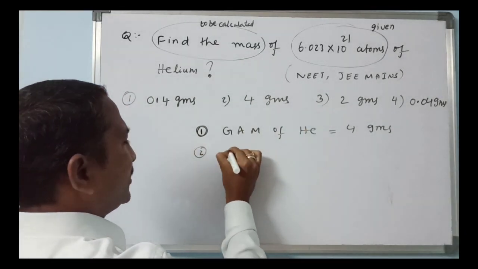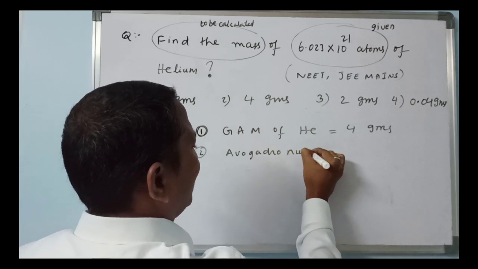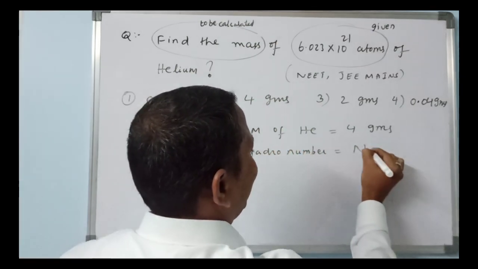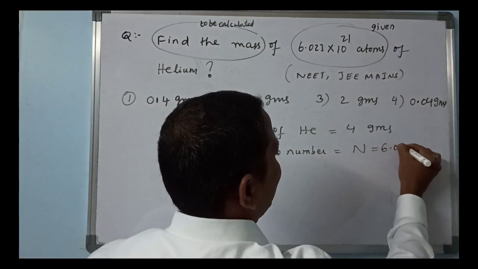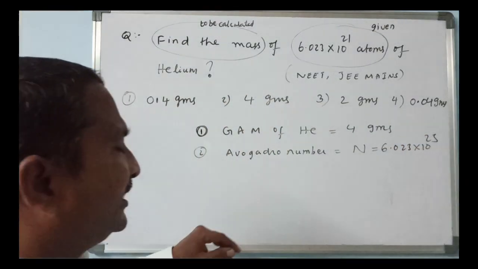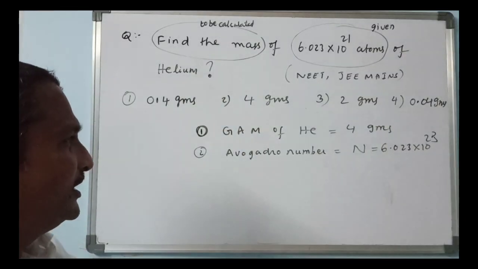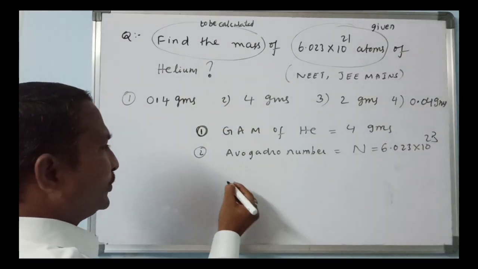2. Avogadro number. This is also known, n. N is nothing but 6.023 into 10 power 23. Now you write the relation between these two. What is the relation between these two?